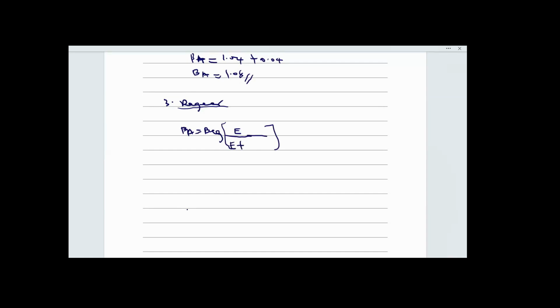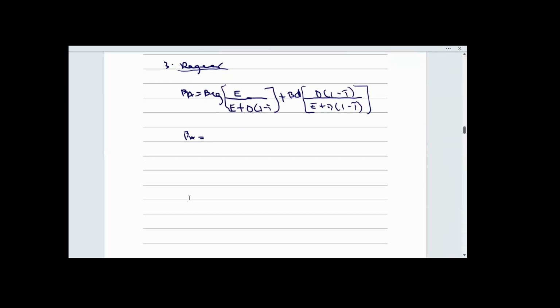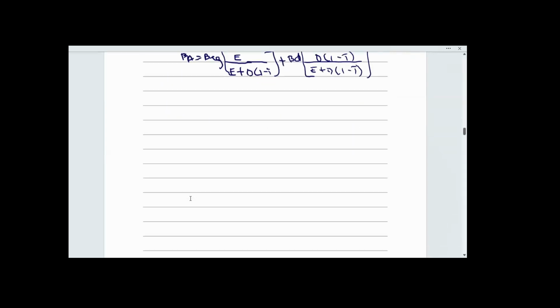A plus D, 1 minus tax, plus debt beta multiplied by debt value, 1 minus tax, over equity plus debt, 1 minus tax. Therefore, beta assets will be equal to beta equity of ungeared. The beta asset, we have calculated it to be 1.08.